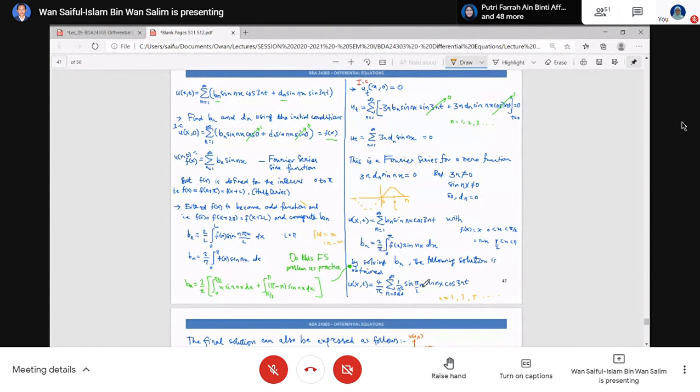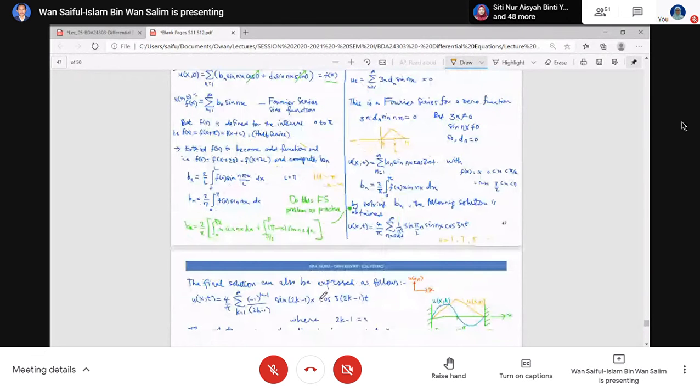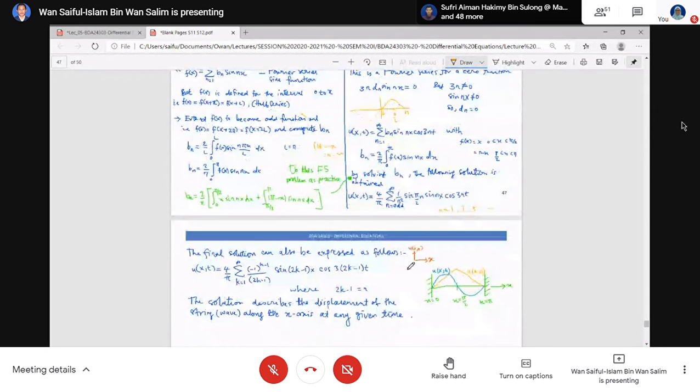Right? And this solution can also be simplified by taking this sine pi over 2n.